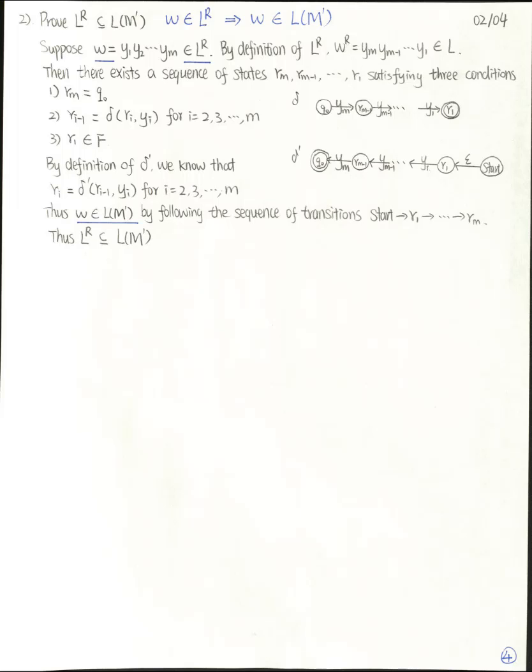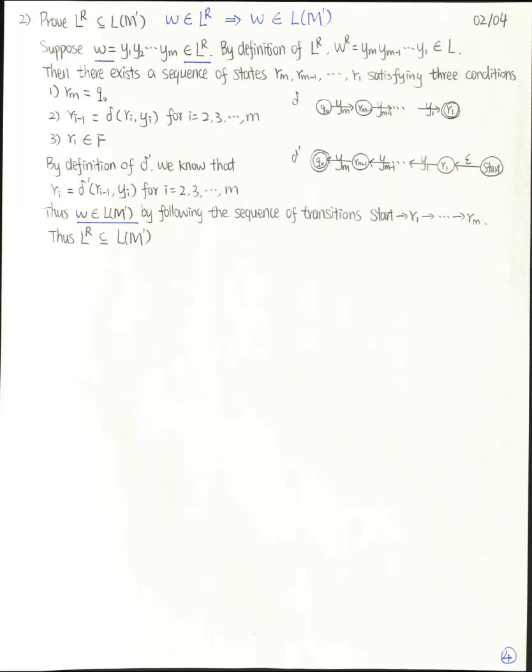So by definition, this WR should be accepted by the machine M. That means there exists a sequence of states Rm minus 1 all the way to R1 that satisfy these three conditions. This Rm is Q0, the start state of M, and this R1 is a final state in M. And this sequence of states corresponding to a sequence of transitions.